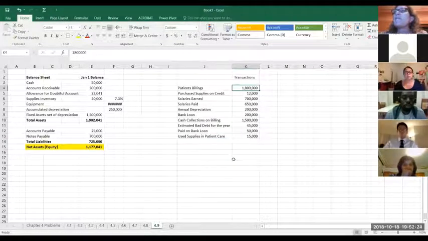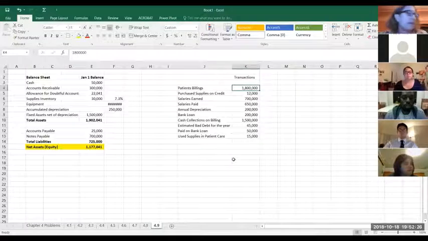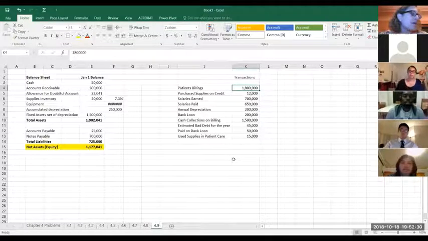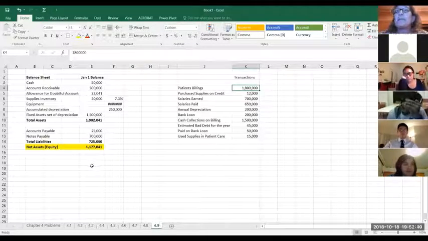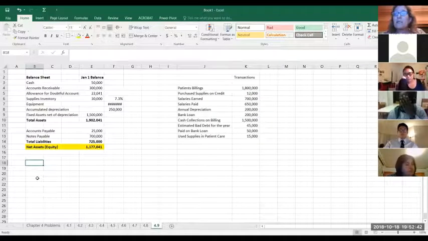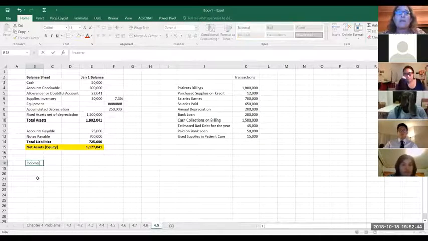So maybe we can start with the patient billings, okay? So it's basically saying, record. These are recorded transactions that were recorded in the general ledger. So let's go ahead and see what they would do to both a balance sheet and an income statement. So let's build an income statement over here, okay, down here.